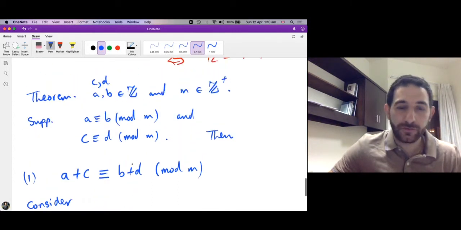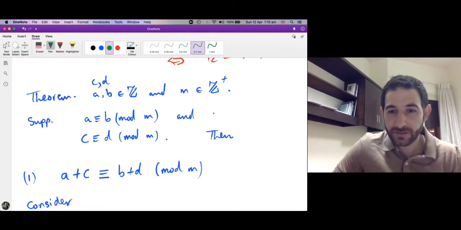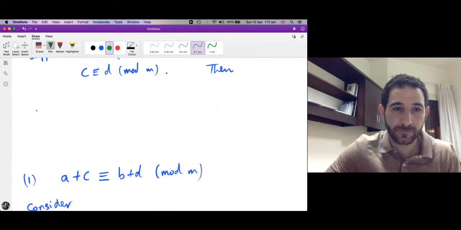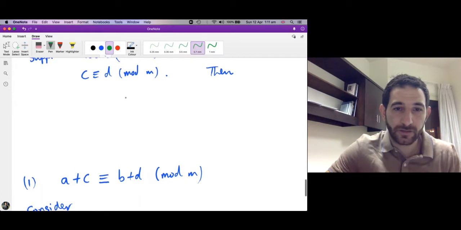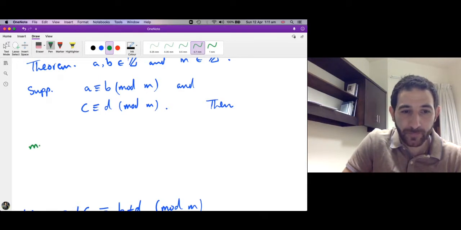Now, what do we know from here? That a is congruent to b modulo m, which means, okay, maybe I should leave some space here. Okay, let me write these two statements. We suppose a is congruent to b modulo m. This means that m divides the difference a minus b.